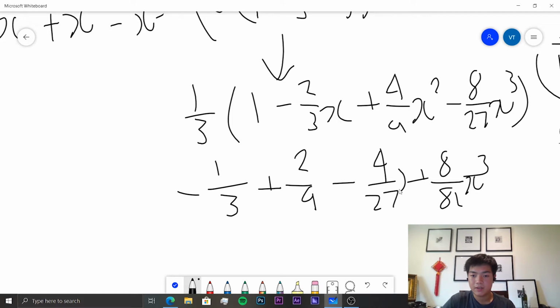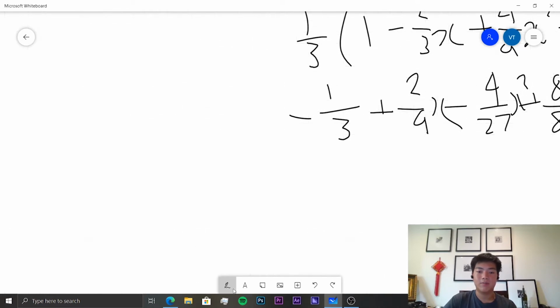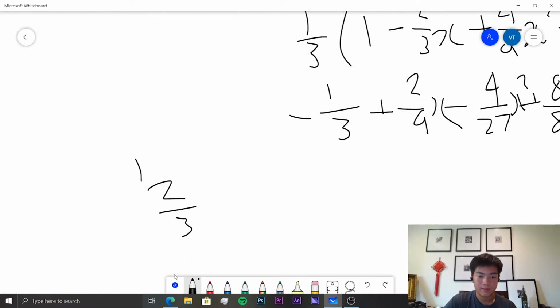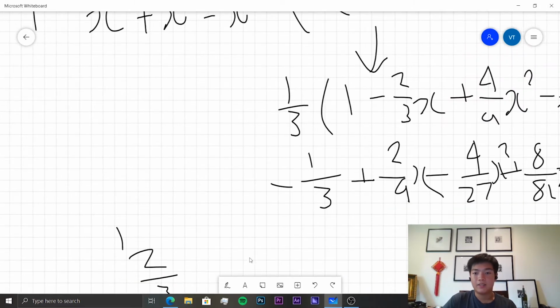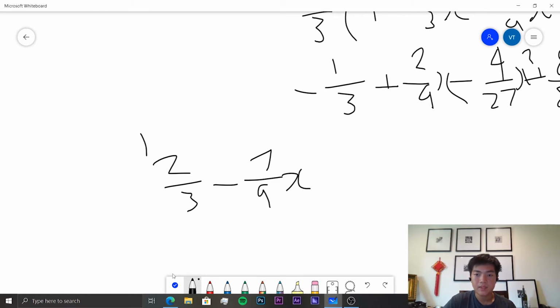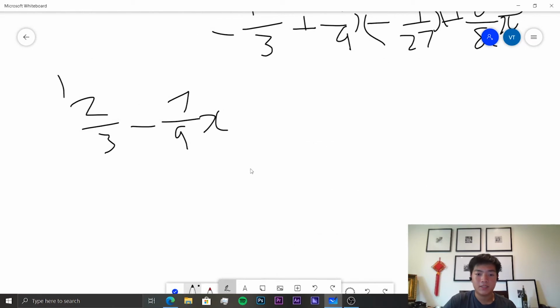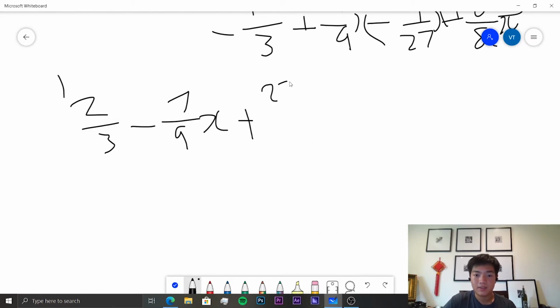Oh, I forgot all the x's. So now let's subtract the two. 1 minus 1/3 is equal to 2/3. Then 2 over 9 x minus x is equal to 7 over 9 x. X squared minus 4 over 27 is equal to 23 over 27 x squared.